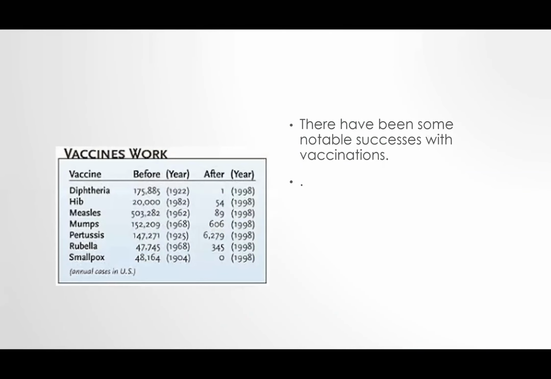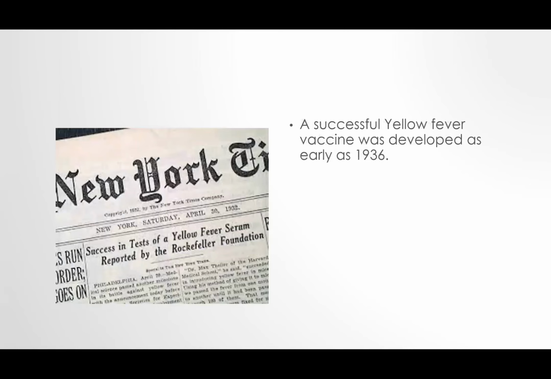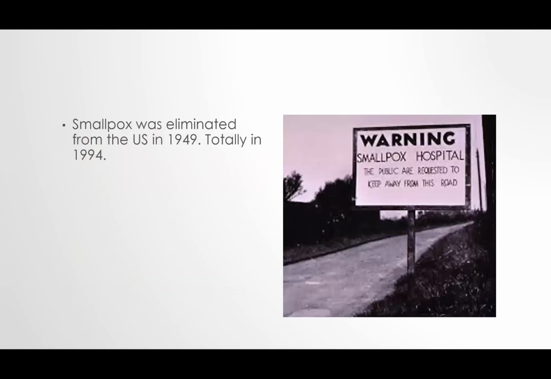There have been notable successes, though, with vaccinations. A successful yellow fever vaccine was developed as early as 1936. Smallpox was eliminated from the United States in 1949, totally in the world by 1994.